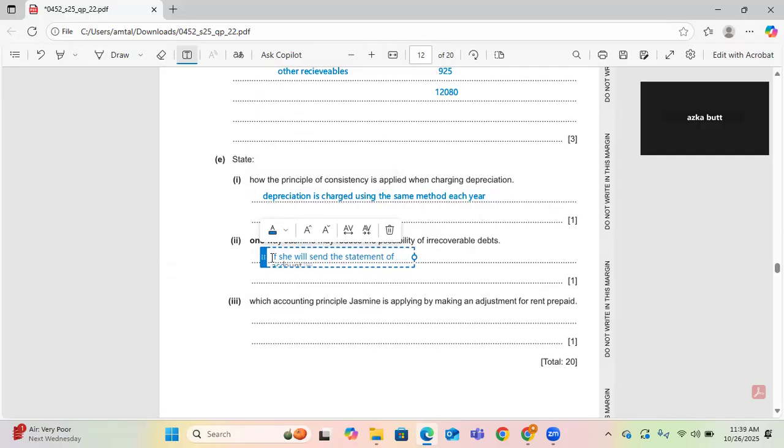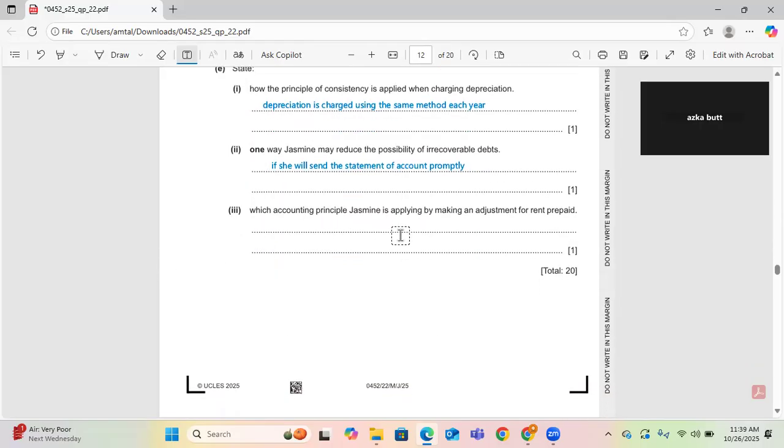Statement of account, I hope that you guys know, is the type of document which has the summary of all of the transactions. So she will send a statement of account promptly.